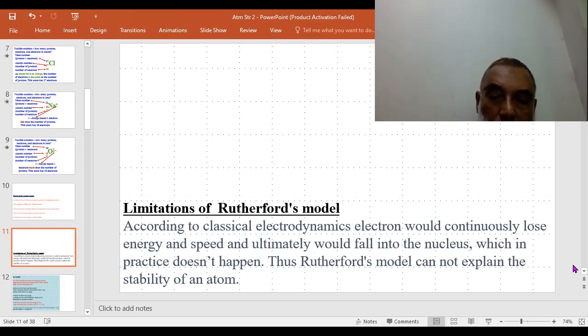If it rotates, then its energy will dissipate, and ultimately it will coincide with the nucleus. So the idea of atomic structure that was proposed by Rutherford died. That is untenable. It is not existing.